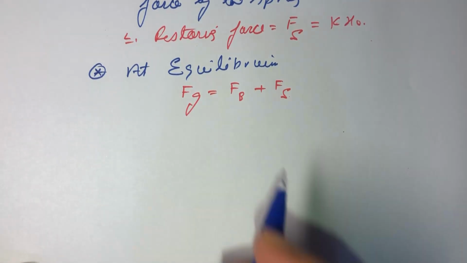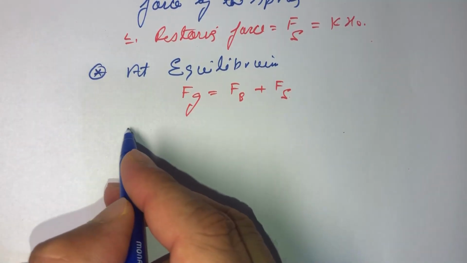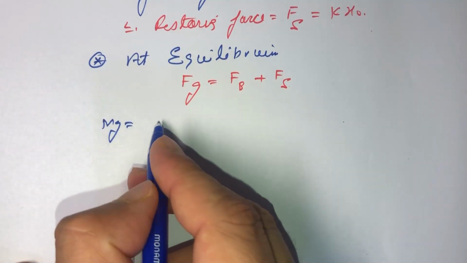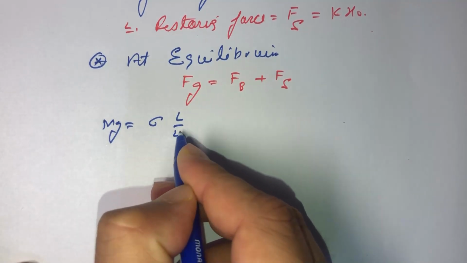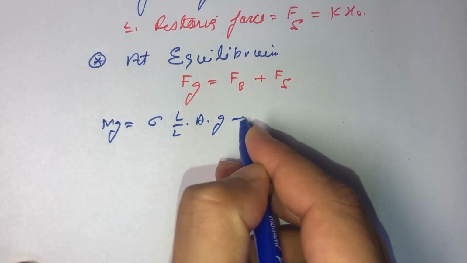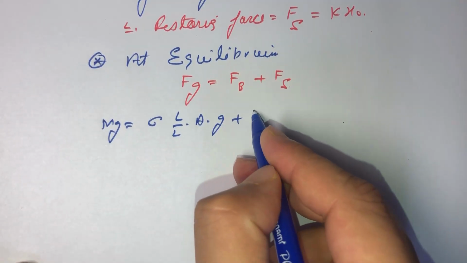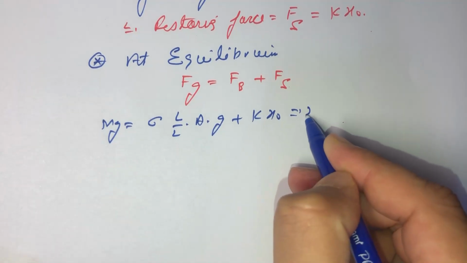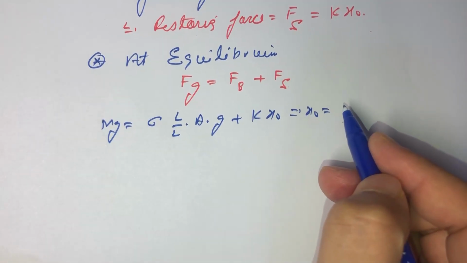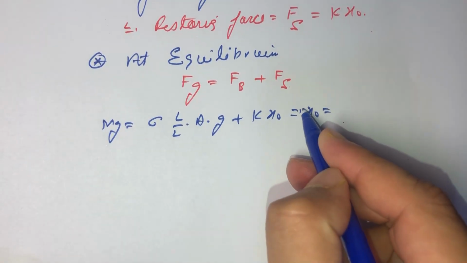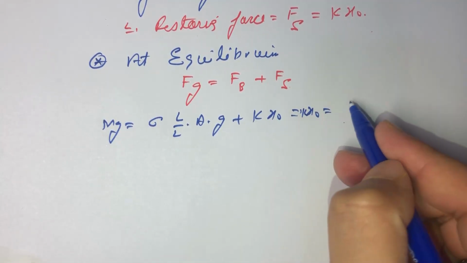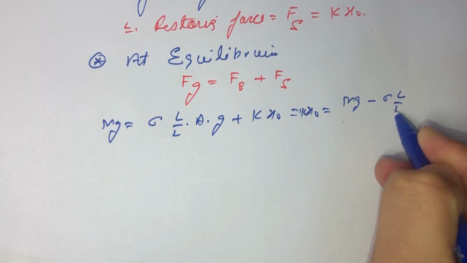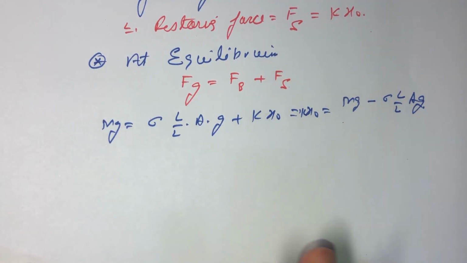So let us substitute the value. Fg is mg, will be equal to Fb, which is sigma L by 2a multiplied by g, plus Fs, which is K x0. So from here we can find out our x0. Kx0 is equal to mg minus sigma L by 2ag.